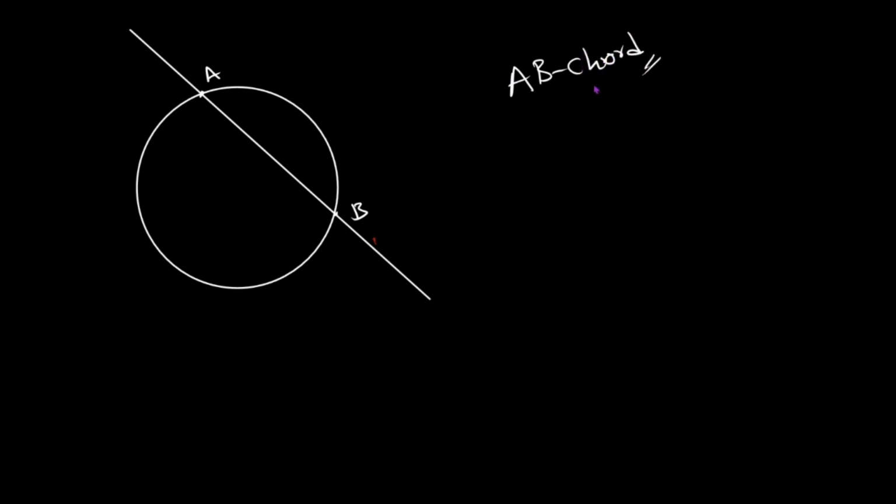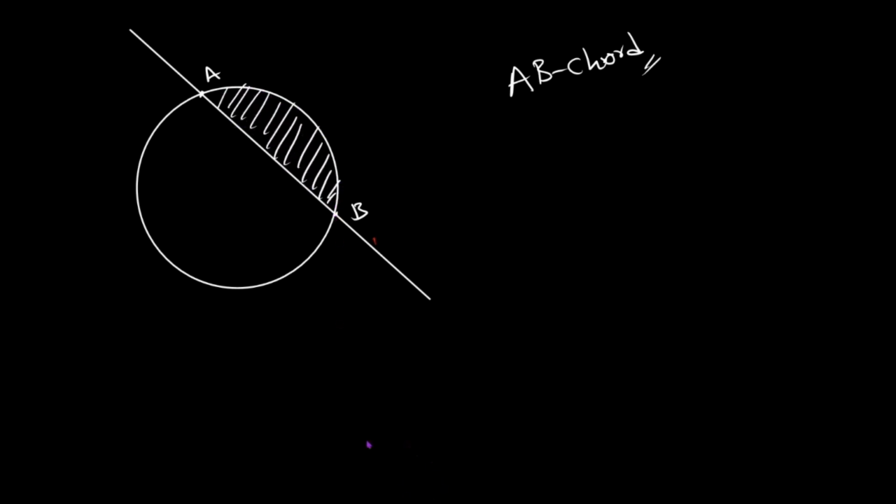Diameter is a special case of the chord, but any line cutting the circle at two points is a chord. So the line AB we call a chord. What it did to the circle is divide it into two parts. It's not equal parts, but it made two regions. One is this region, which I shaded.